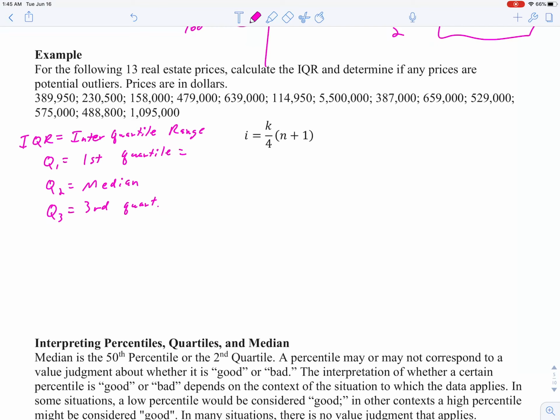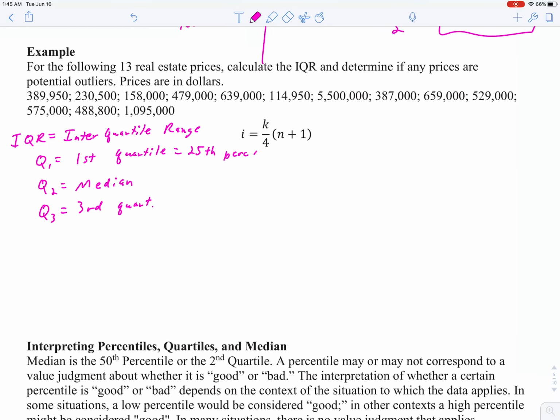Think about it: if you take a piece of wood and cut it 3 times, you have 4 pieces. So there are 3 quartiles that separate the data into 4 quarters. The first quartile is also the 25th percentile, which means the same thing. Of course, the third quartile would be the 75th percentile. So that's what we're going to calculate.